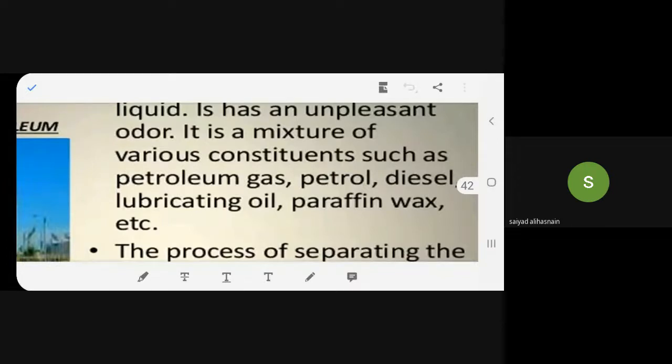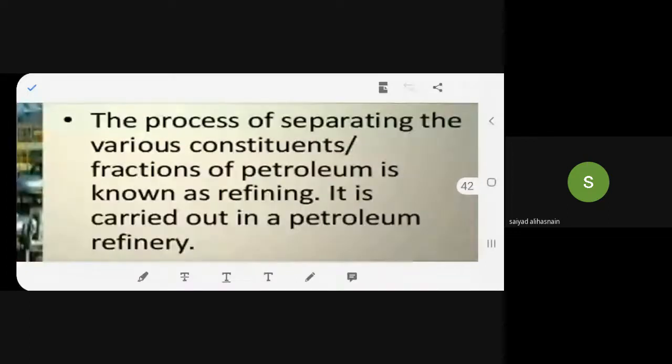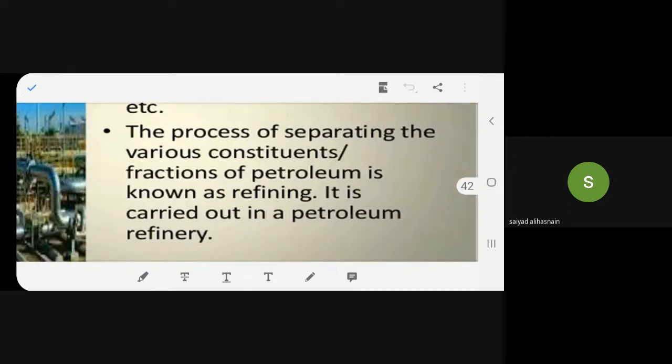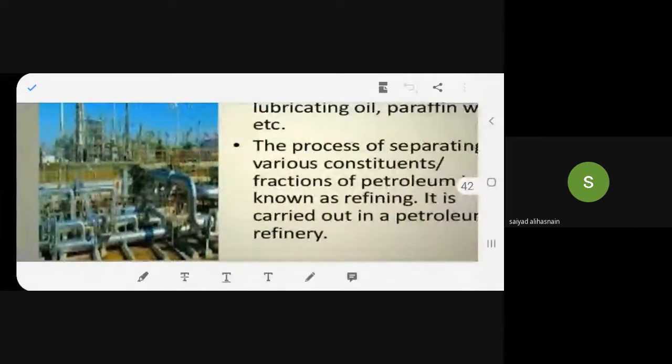These are the things that you get from the petroleum refinery. Now, when we are separating this, the process is known as refining. What is it known as, beta? It is refining. And where do we do it? We do it in a petroleum refinery. And this is how it looks like.